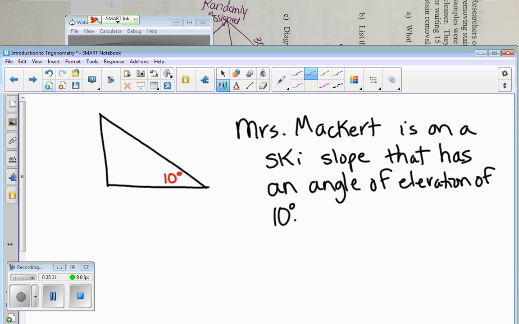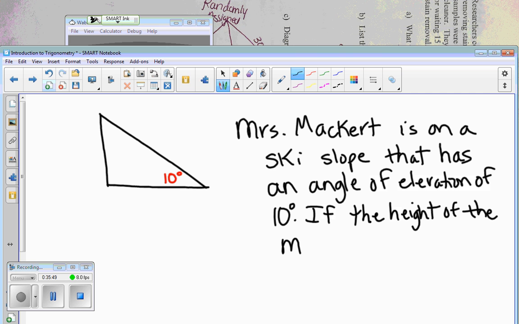Elevate from the ground up, okay? But we'll talk more about that next time. Find the height of the mountain if she travels.